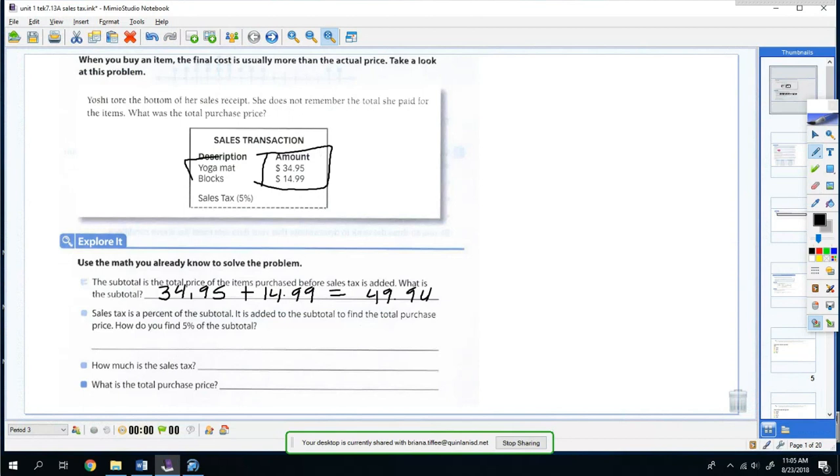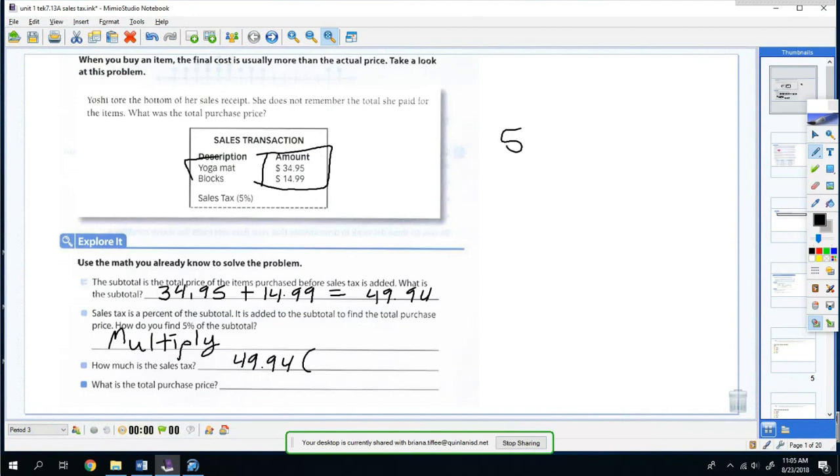So now, when you have your subtotal, you can find your sales tax. You can figure out how much tax you're going to be spending. It asks you, how do you find 5% of the subtotal? Usually you multiply. So how much is sales tax? You're going to take 49.94 and multiply it by 5%.